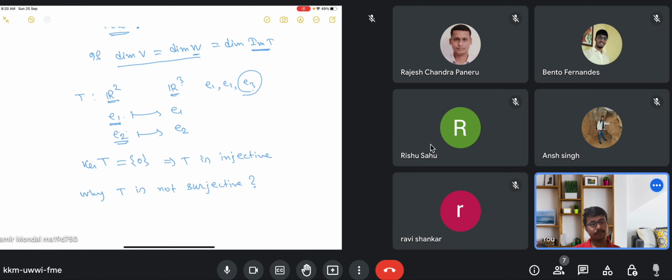It also works if the dimension of V equals the dimension of W, or if the image of T equals W. Or you can think that if the kernel of T equals 0, then T is bijective from V to the image of T. Here T is a bijection from R2 to the image of R2. If you take the image of R2, then it automatically becomes surjective. Okay, do you have any questions? Otherwise I will stop here.